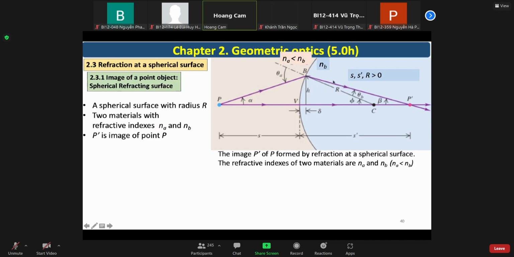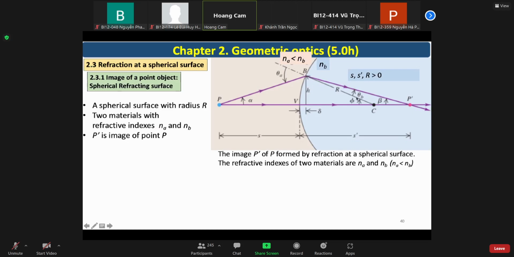Due to the relationship between the refractive indexes of the two materials, nA is smaller than nB, so using Snell's law we see that the angle of incidence theta A is smaller than the angle of refraction theta B. So you can draw this direction quantitatively.